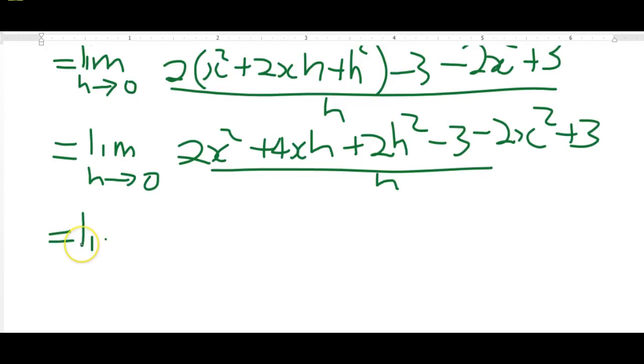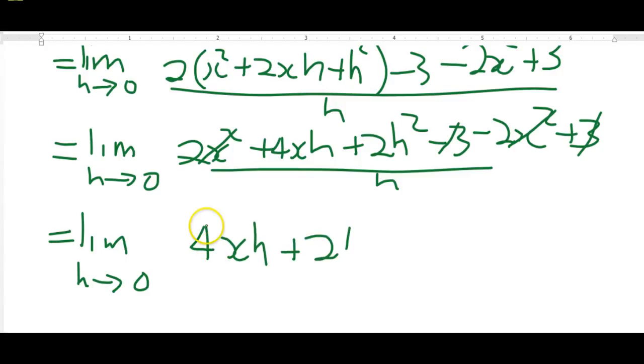Now this will be the limit as h approaches 0. Now you can see some cancellation. This will die with this. This is minus 3 and this is plus 3, so they will also go out, leaving me with 4xh plus 2h squared over h.